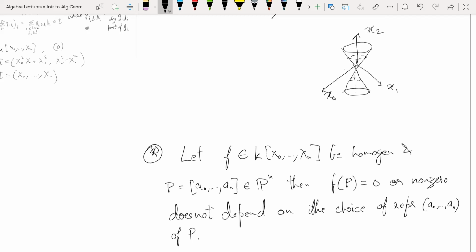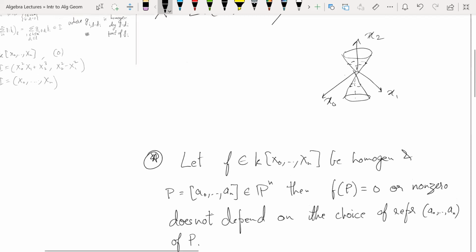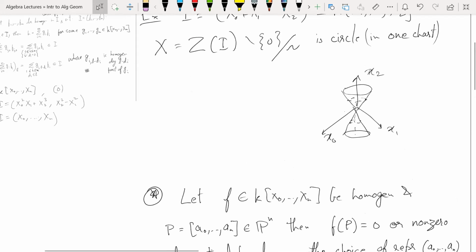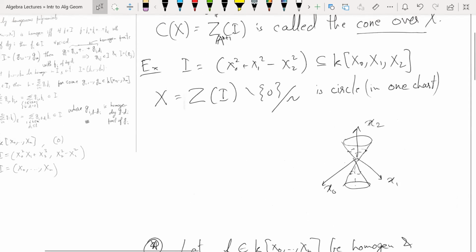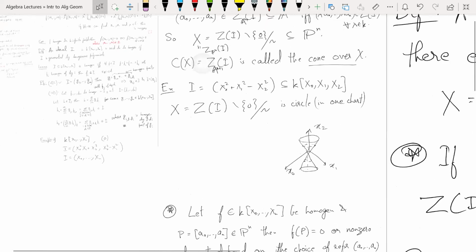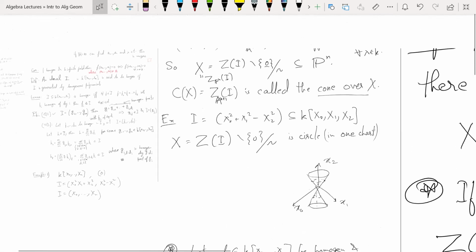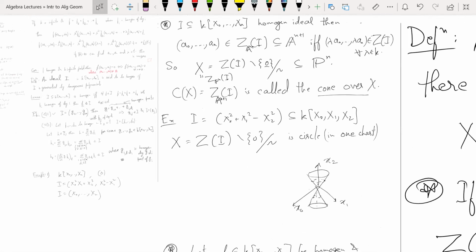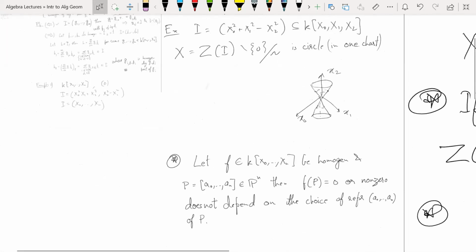But whether it is 0 or non-zero does not depend upon which representative you choose for this P, either A naught to An or lambda times A naught to An.